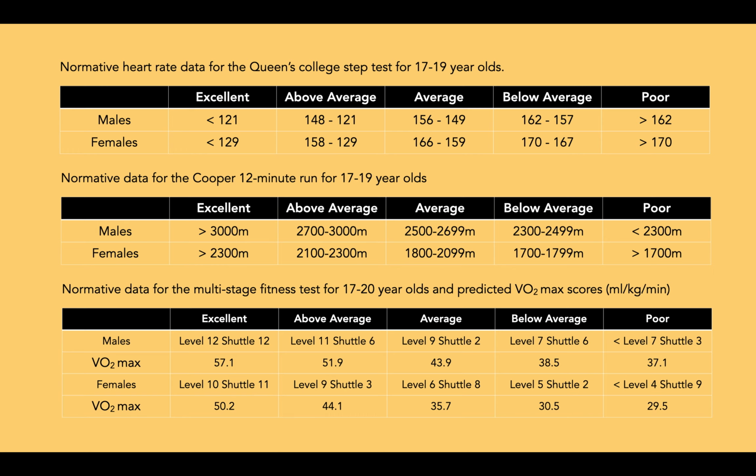So there's just some data, and we are going to complete some of these tests so that you can get your score and you can get a prediction of your VO2 max and see how it compares to this normative data and maybe some of the athletes from the first presentation.